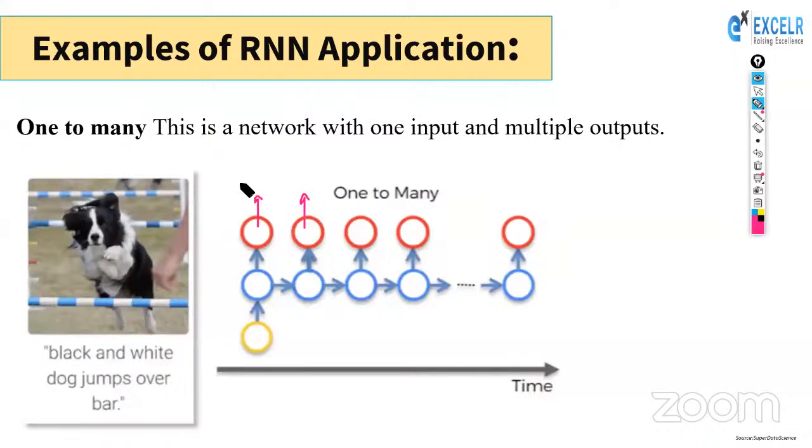So black is the output of the first output node, and is the output from the second output node, white is the output from the third output node, and so on. So from the single input image, we are generating multiple output words, which is nothing but a proper sentence: black and white dog jumps over bar. Right. So this is the example of a one-to-many network, where we have one input layer and multiple output layers.